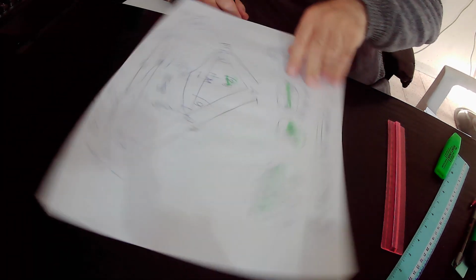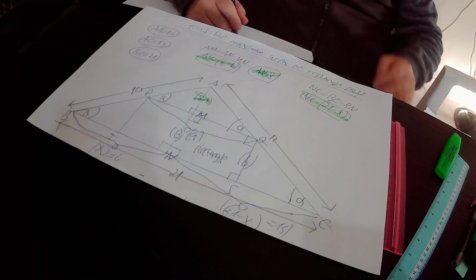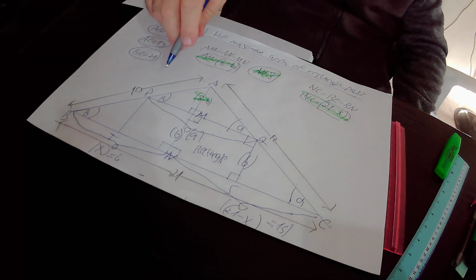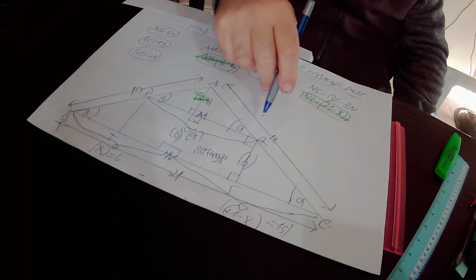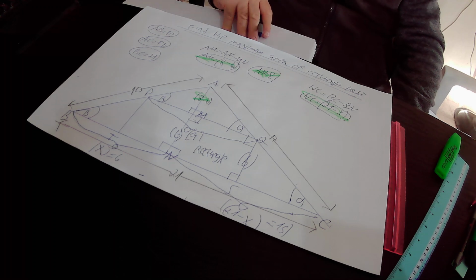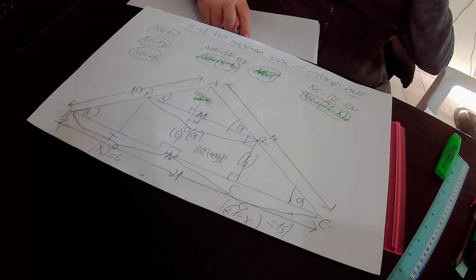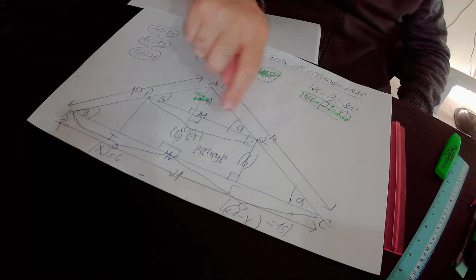Okay, so in the next step, we'll prove that the big triangle ABC is similar to this small triangle AQP. So why is the big triangle ABC similar to this small triangle AQP?